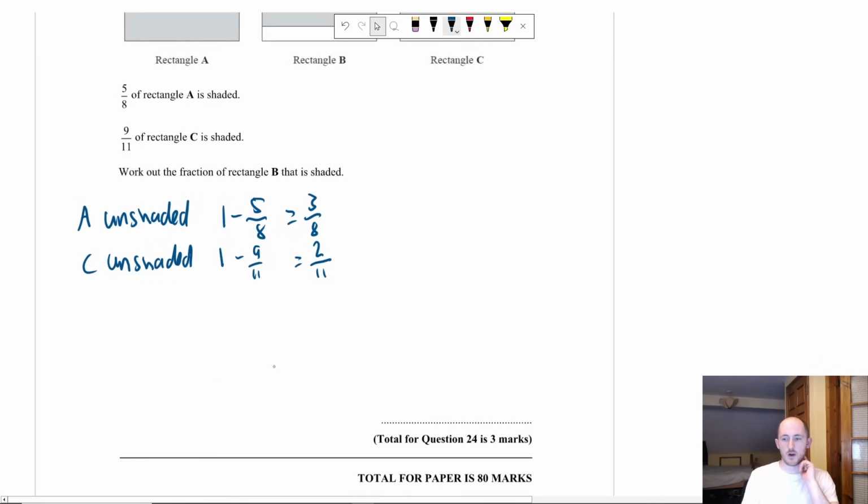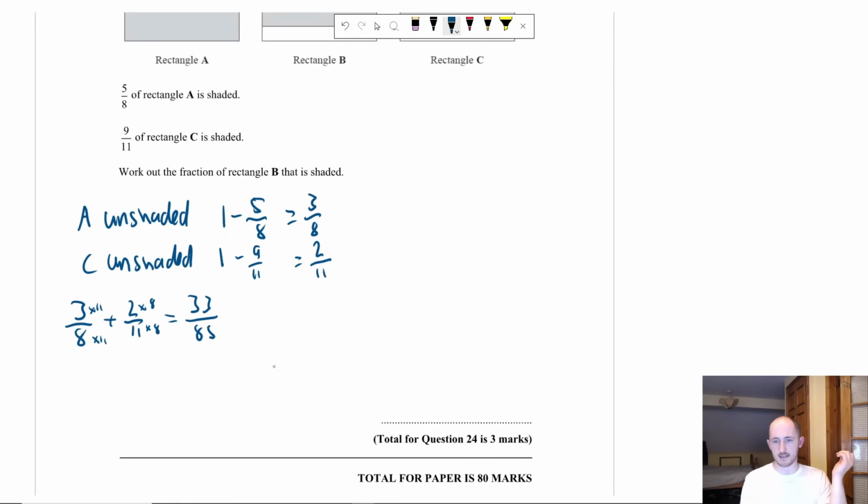So I need to first work out what 3/8 plus 2/11 is. To do that, I need to make the denominators the same, and that means I need to multiply them by each other. So 33 over 88 plus 16 over 88, which is 49 over 88.